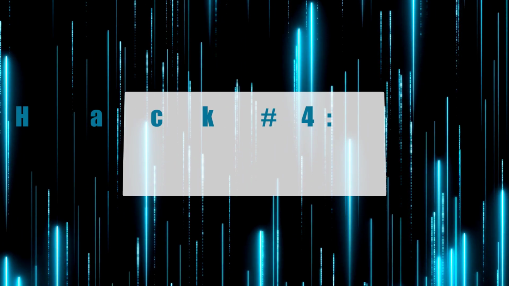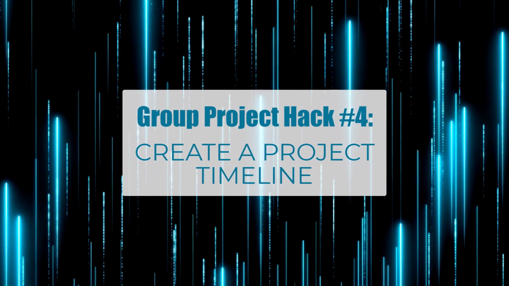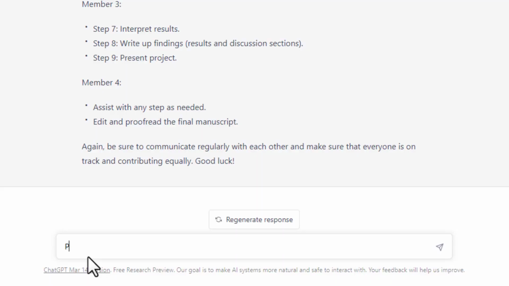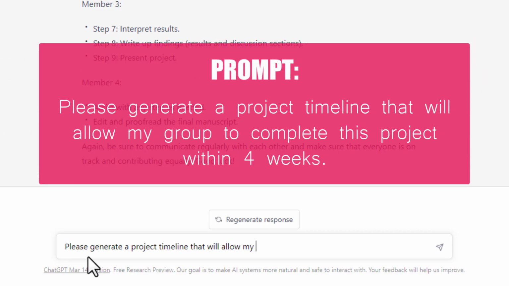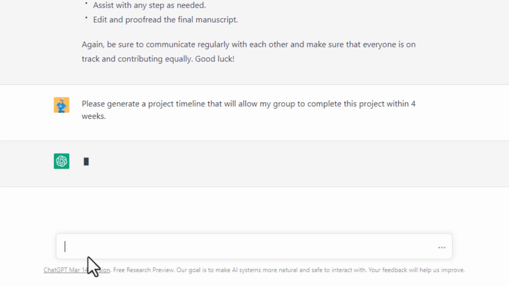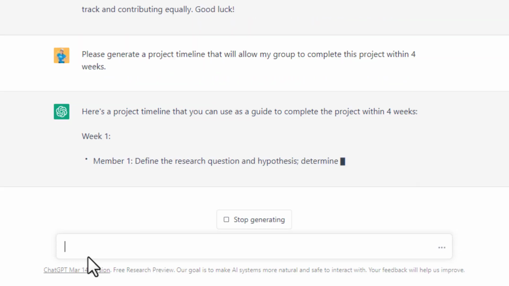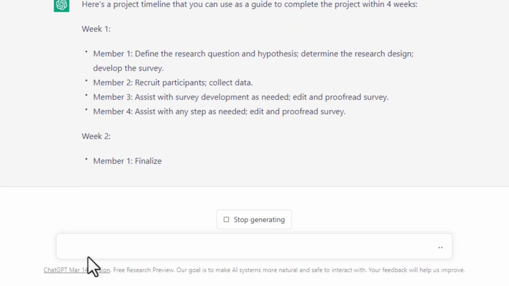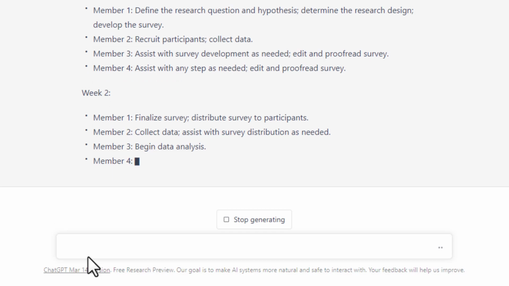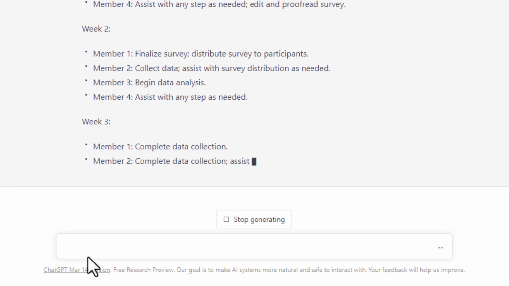So next, we can ask ChatGPT to create a project timeline. You simply specify the time frame you've got to do the work, so in 4 weeks or in 6 weeks, and ChatGPT will give you a breakdown of what should be completed when. Now, in my example output here, it's also giving weekly tasks by member, since I've already established that piece in the chat conversation.